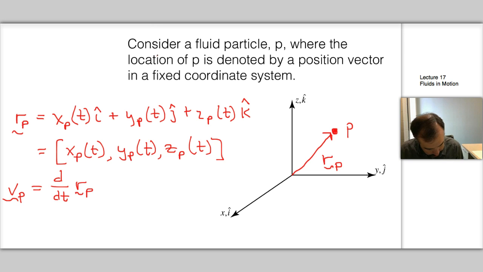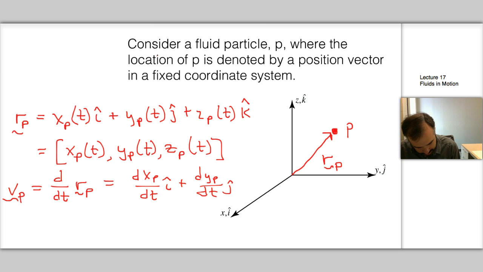Okay? And then we can write that out. We have dx_P over dt i hat plus dy_P over dt j hat plus dz_P over dt k hat. Okay, and that defines our velocity vector. We actually replace the dx/dt, dy/dt, dz/dt by a variable because we use them so commonly in fluid mechanics.